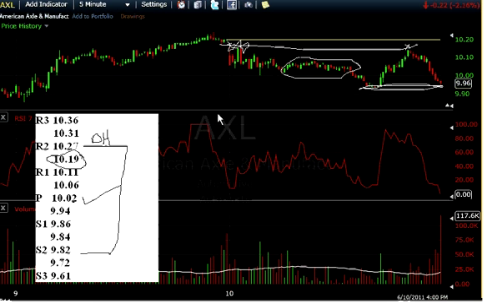If we are trending downward, let's just say we've seen this thing coming down, and it went down to like a 10:06, and it's still trending on the downside.